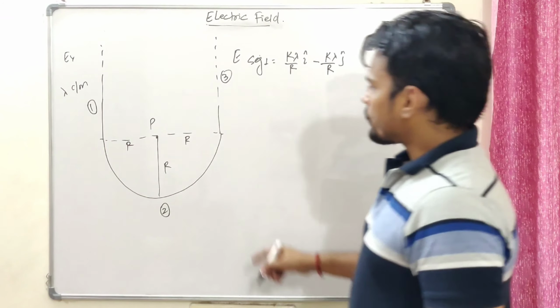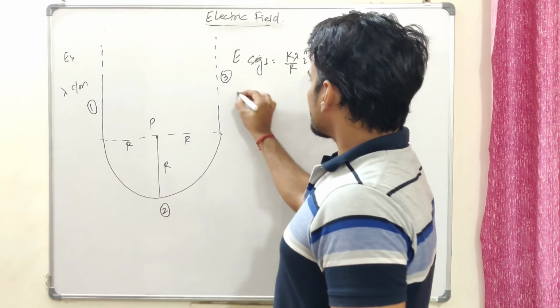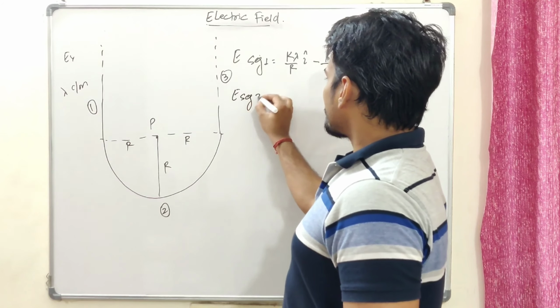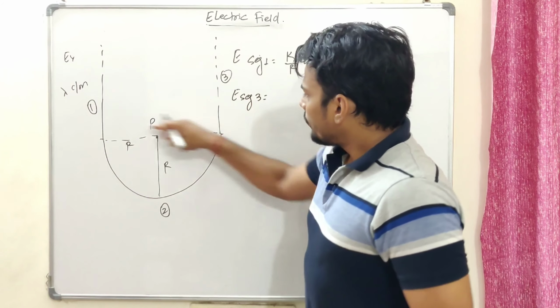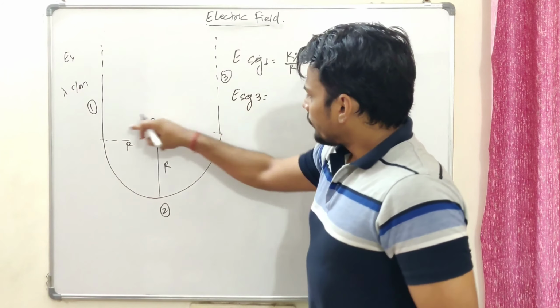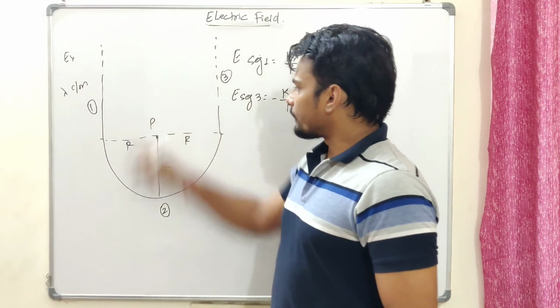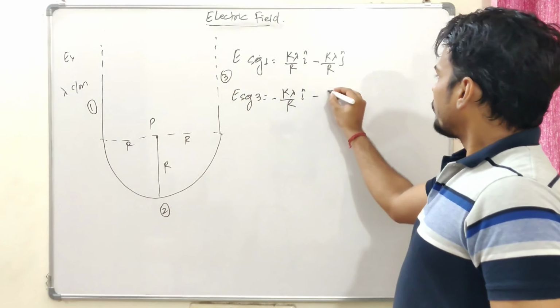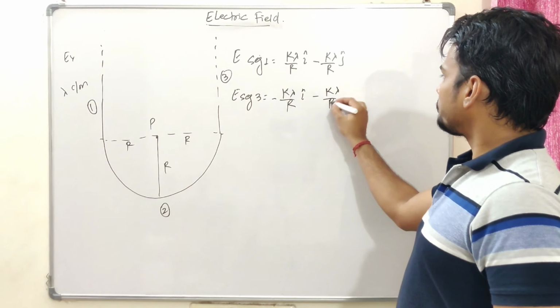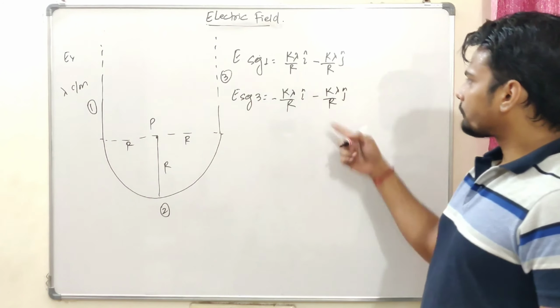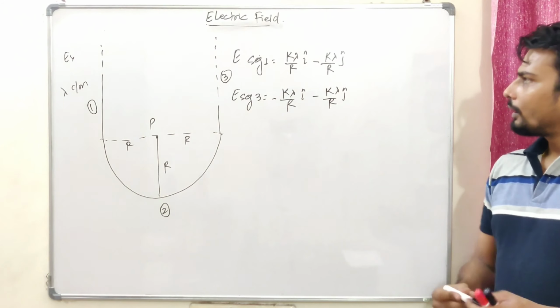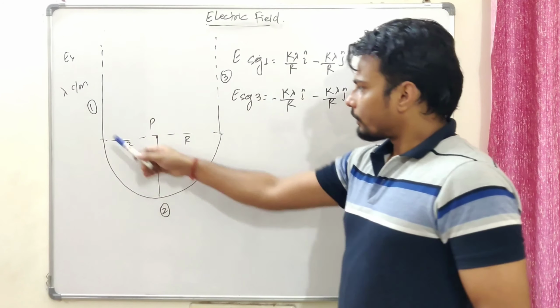Now let's talk about segment 3 first. E net due to segment 3: its perpendicular component should be K lambda by r towards left, that is negative i cap, and of course the parallel one should be vertically down, K lambda by r, negative j cap. Now let's talk about this arc.